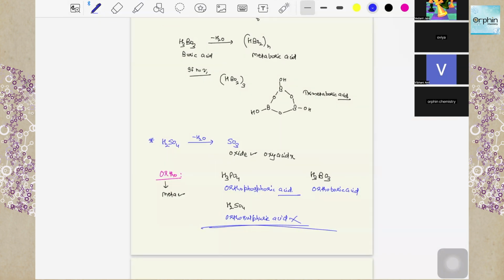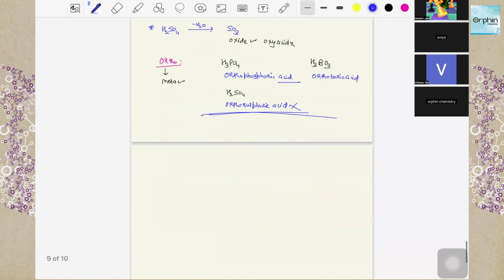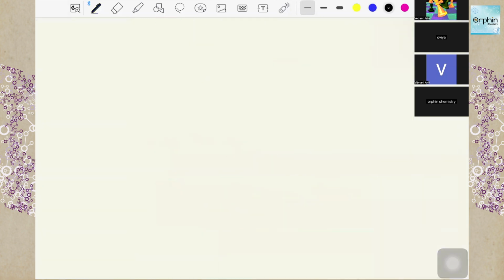And now I'm making a chart so that you can remember every name. Let us see. Just help me in making the chart. Let us start with the ic acid.